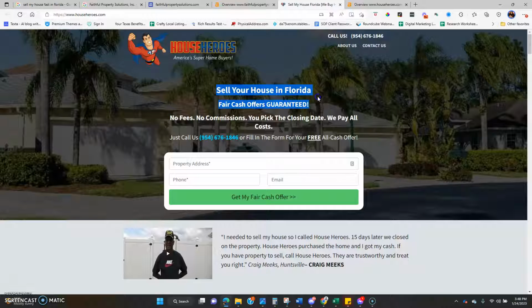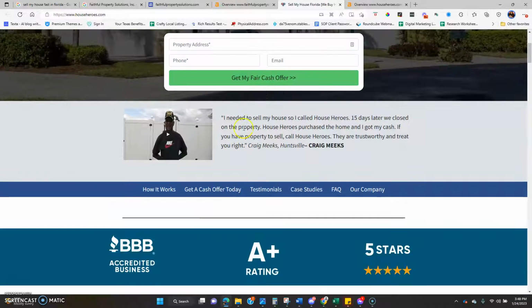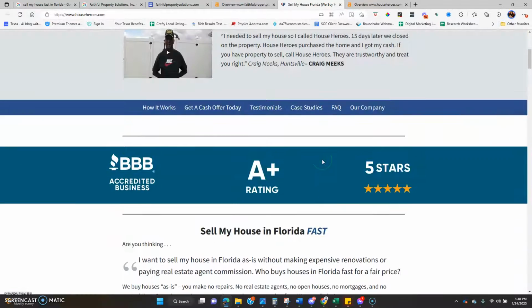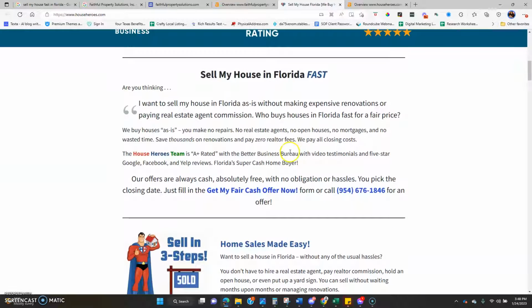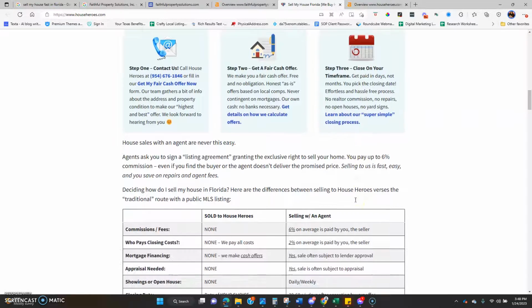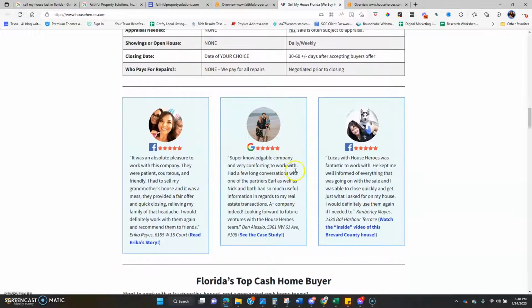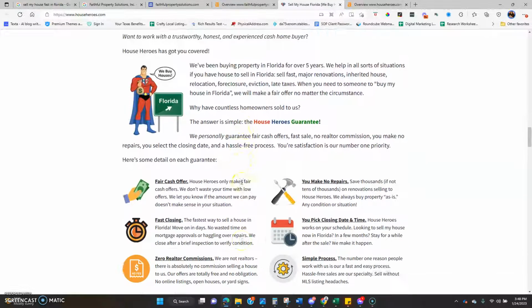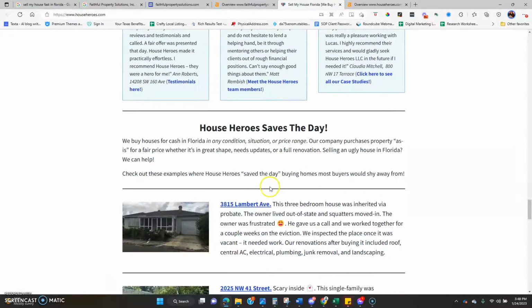So you can see the keyword there, and you can see there's a video on there. There's reputation information, like some quotes in their testimonials, the steps, the processes, the difference between an agent and their company, Facebook reviews, so this is the reason why it's 1,500 words, right?